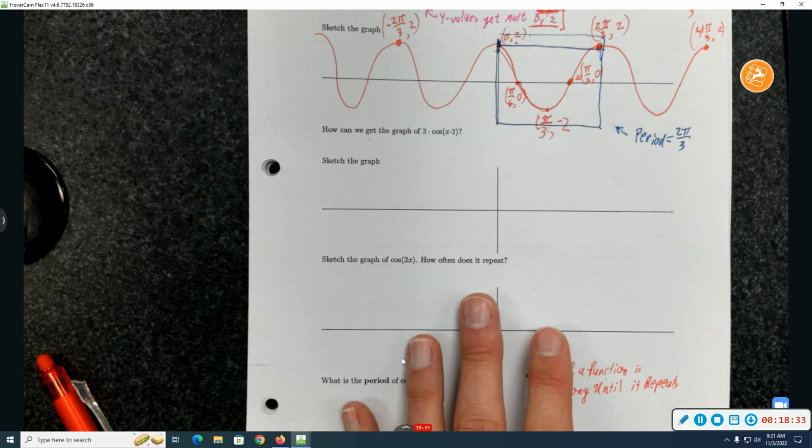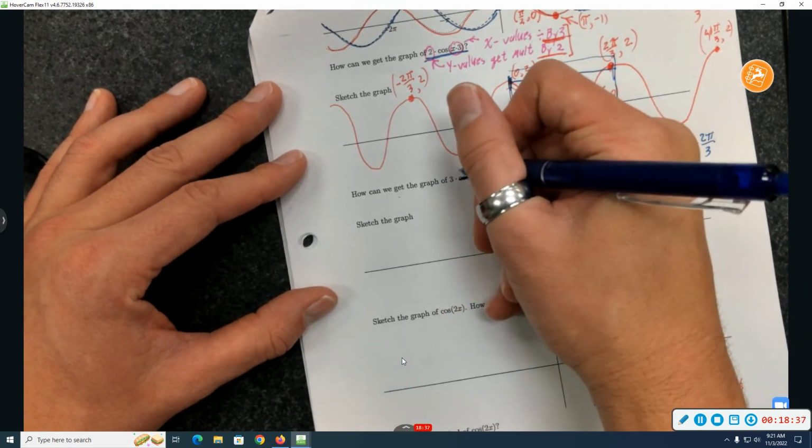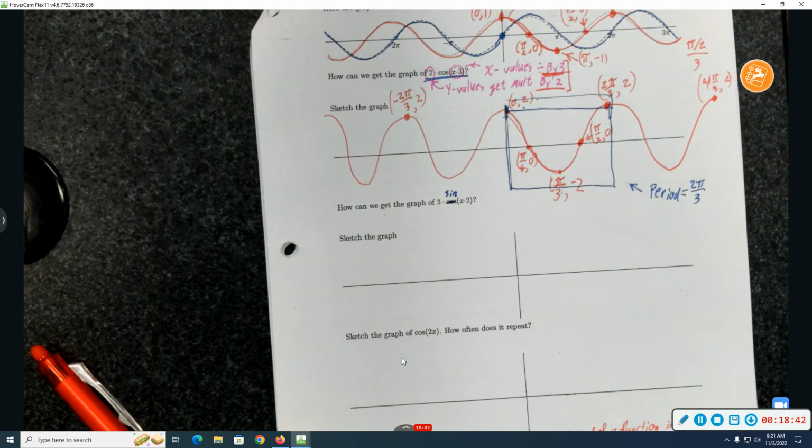So I think I'd like you now to do one quite similar. Just for the sake of variety, maybe I'll replace that cosine with a sine. Sketch for me, if you will, the graph of 3 times the sine of x multiplied by 2. So replace that cosine with a sine, and then answer that same question.